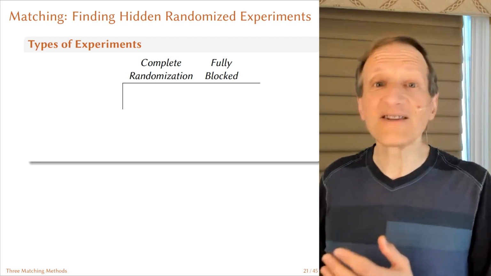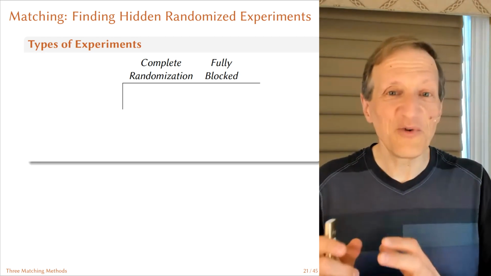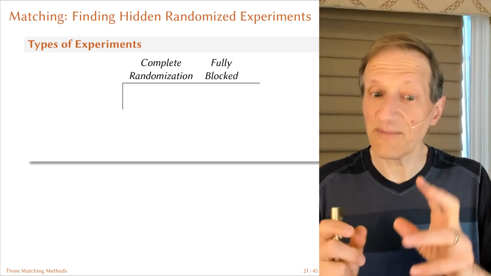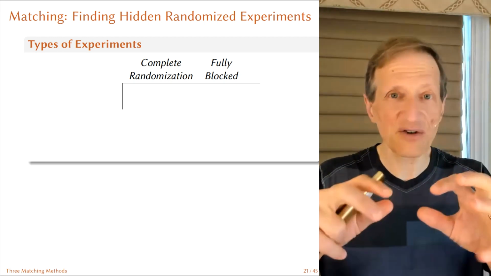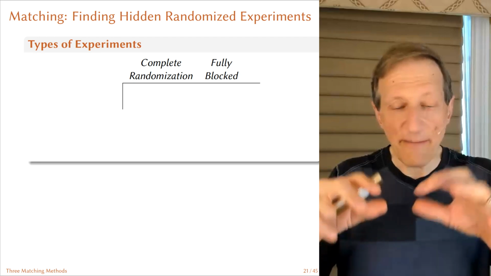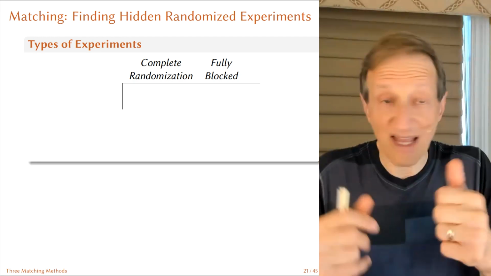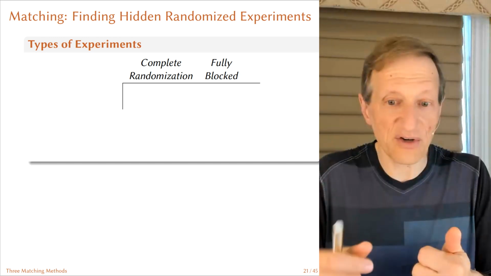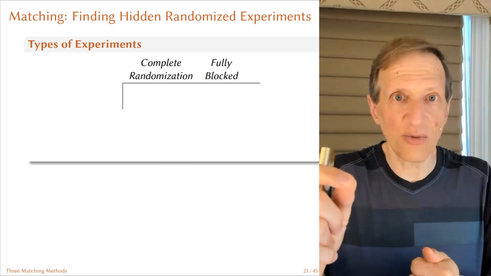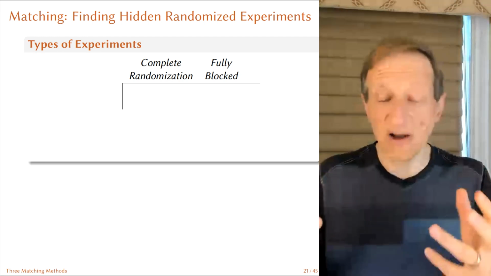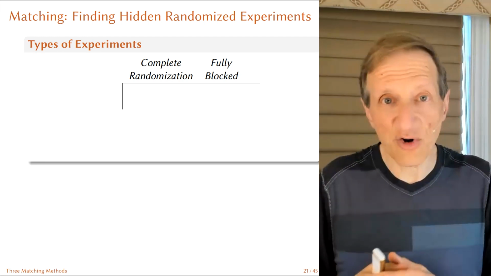A fully blocked experiment is different. What we do with a fully blocked experiment is we don't leave everything to chance, right? Because complete randomization ensures the balance between the treatment and control groups solely by the flip of the coin. That's a great thing. That's an incredible innovation. But a fully blocked experiment can go beyond that. What a blocked experiment does is it has several known explanatory variables.